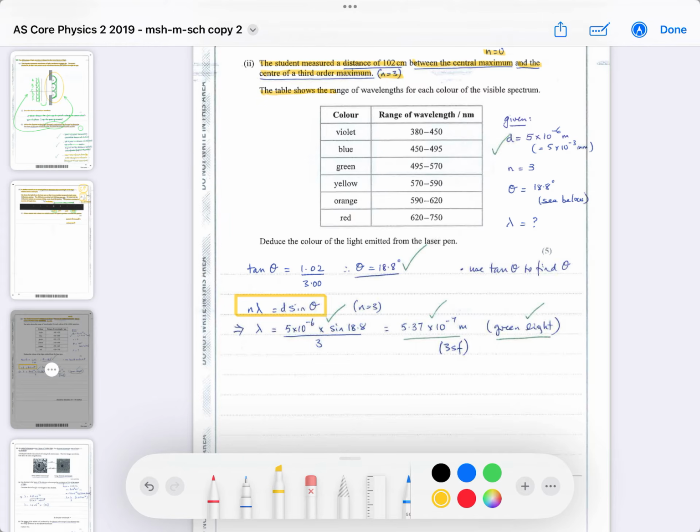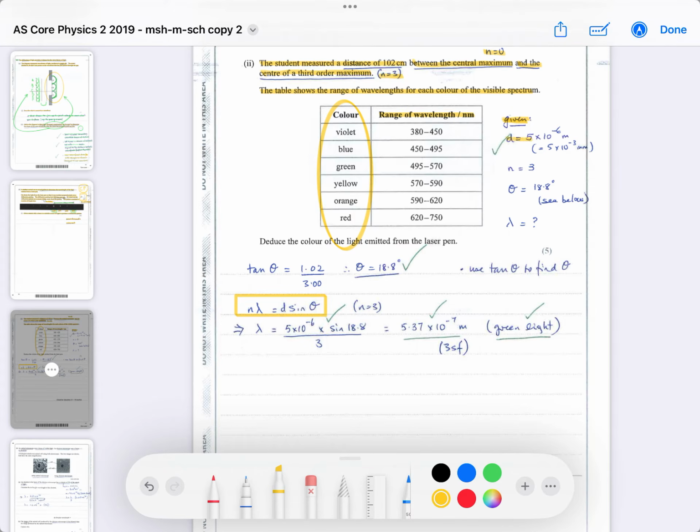The table shows the range of wavelengths for each color of the visible spectrum. So you've got all the colors from violet down to red, and the range of their wavelengths that we define to be violet and each of the colors in the rainbow. Okay, so we've been given information, so I like to write everything I'm given.